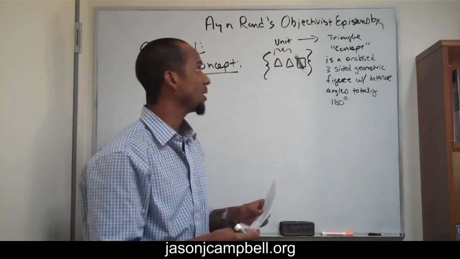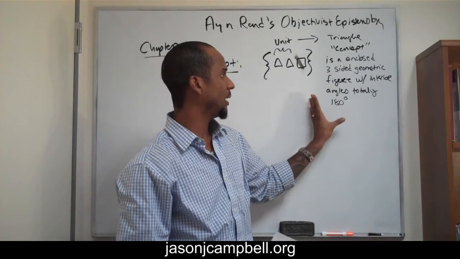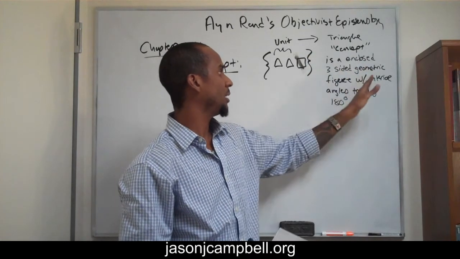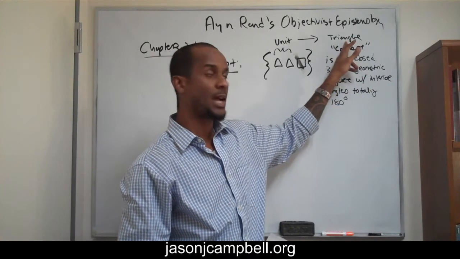Right? So instead of saying this very detailed definitional account, an enclosed three-sided geometric figure with interior angles totaling 180 degrees, we can just appeal to the concept triangle, right?